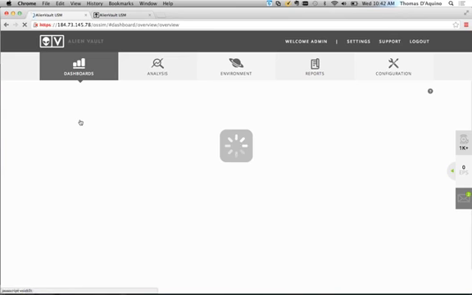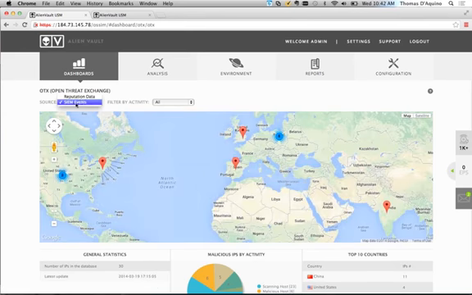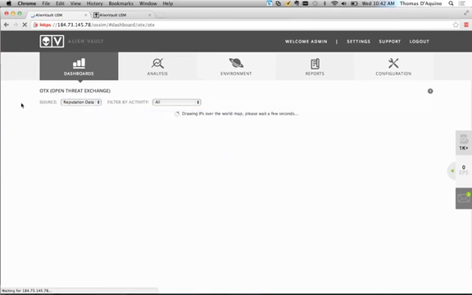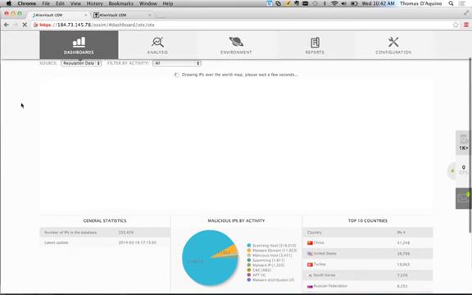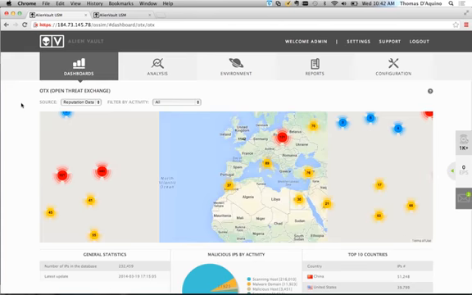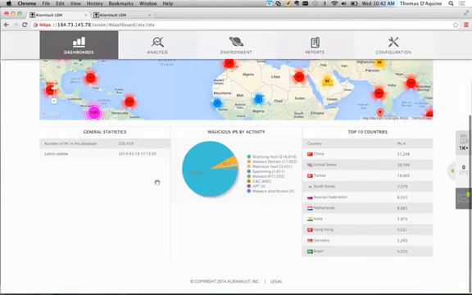Another piece is that the host intrusion detection agent covers some key PCI requirements as well. It can recognize, for example, critical files within the file system that are being modified or manipulated. So it does file integrity monitoring. It also does registry integrity monitoring, so if the registry of a Windows host is being modified, we'll identify that.